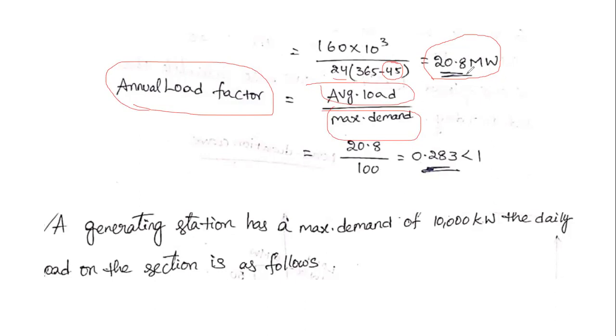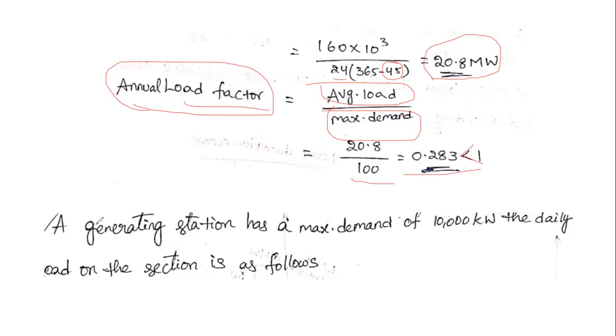That is 20.8, by the maximum demand, which is 100. Therefore, the load factor is always less than 1. This is the formula for calculating the annual load factor: annual load factor is equal to the average load by maximum demand.